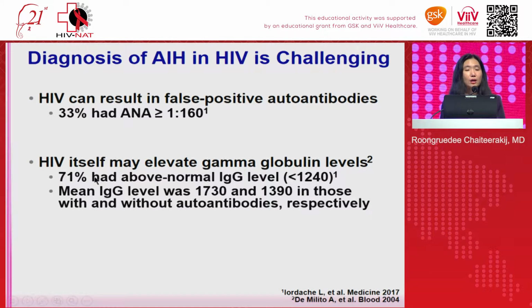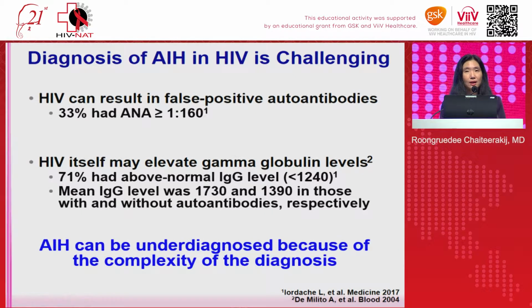Also, they found that 70% of patients have a high level of IgG, particularly those with positive autoantibodies. They have much higher IgG levels than those without autoantibodies. With all these reasons, AIH can be underdiagnosed because of the complexity of the diagnosis.